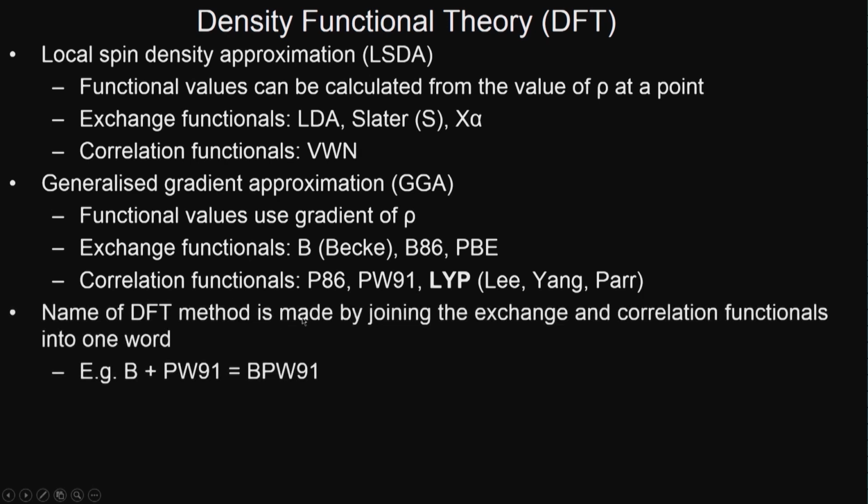The name of the density functional method is made by joining the exchange and the correlation functionals into one word. So we have BPW91. B comes from the exchange functional, and PW91 comes from correlation. So you combine them: different types of density functionals you can have by combining the exchange functionals with the correlation functionals.